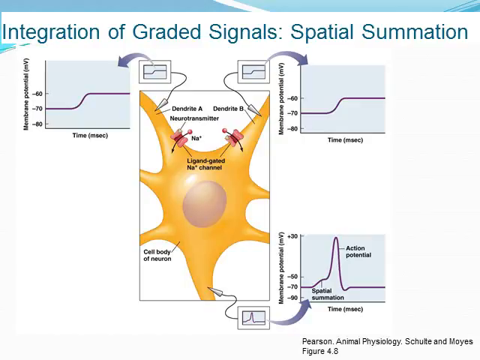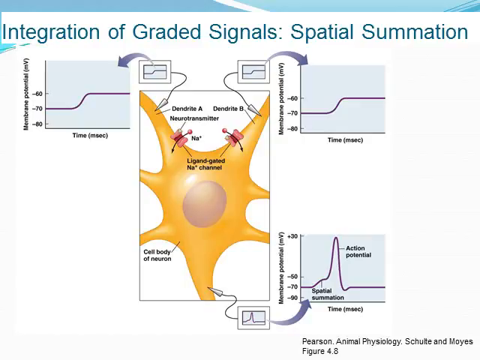So I've already kind of alluded to this, but I wanted to show you a detailed diagram of it. There's two ways that you can reach this action potential threshold. You can spatially summate, so you can get more than one channel opening throughout a cell to cause the threshold to be reached.